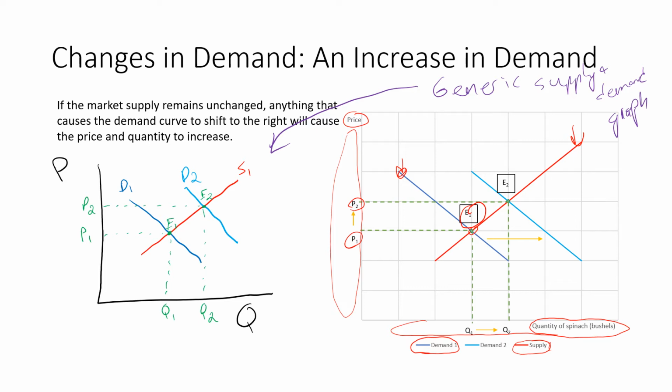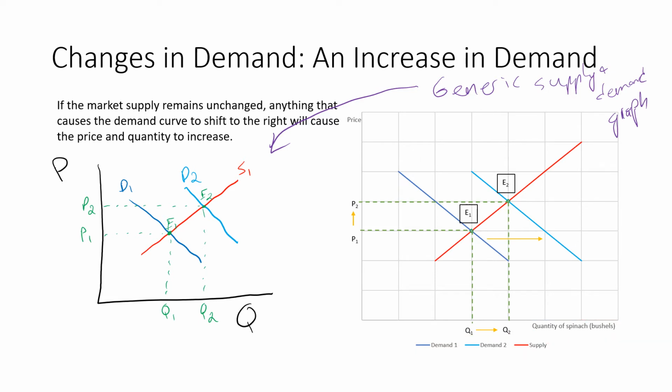So let's consider the effect of the new research finding on spinach. Back over here to our initial graph, I'm going to erase some of this stuff so we can see what's going on. Knowing that spinach is especially healthy, at any given price, consumers will demand more spinach than before. This change in taste causes an increase in demand, represented by a rightward shift of the demand curve from demand 1 to demand 2.